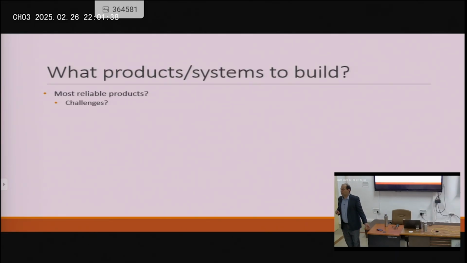Okay. So people always say, should we make the most reliable product? What's the risk with that? Now this time our context is we want to sell it to many people. Make it most reliable. That's a good thing. Nobody can say no to reliability, but cost will go up, right? And sometimes reliable is not necessarily it.